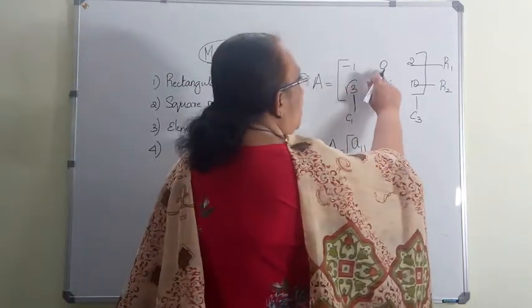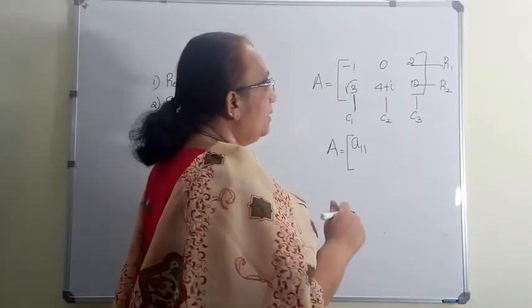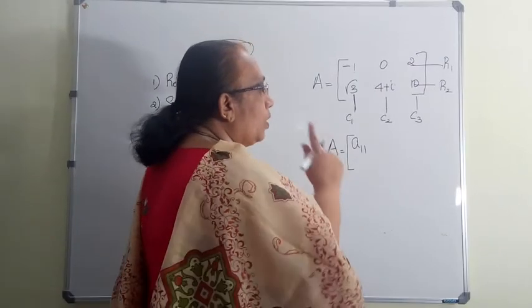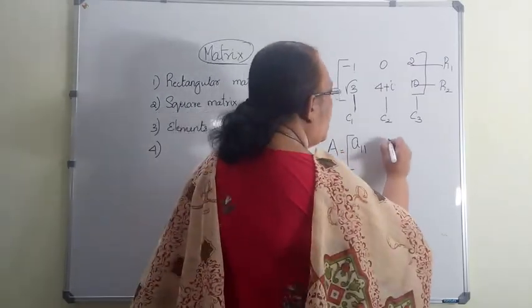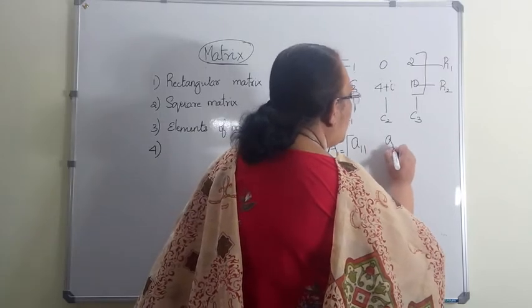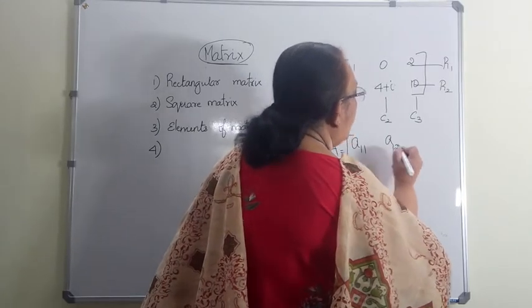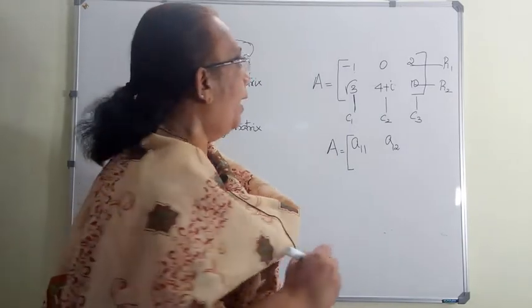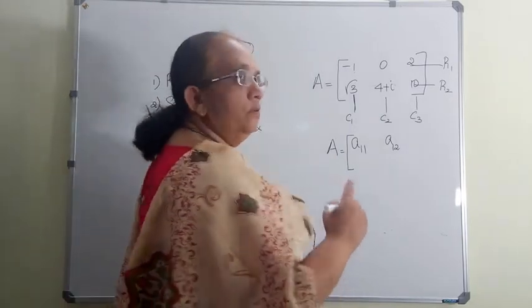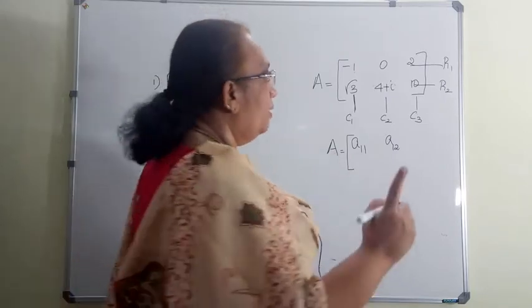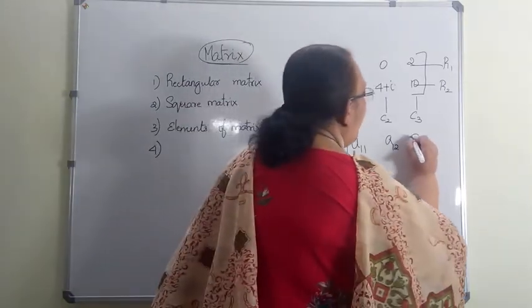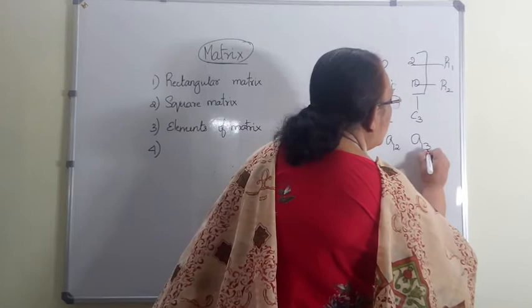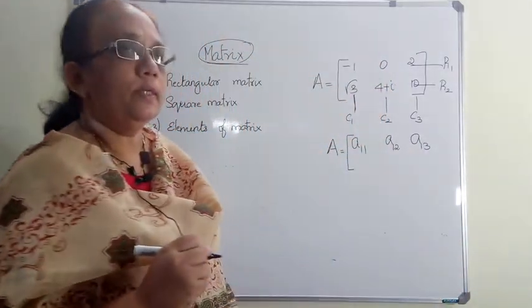Consider the element 0. When you consider the element 0, it occupies the place in the first row and the second column. And the number 2, yes, you know it occupies the first row, third column.